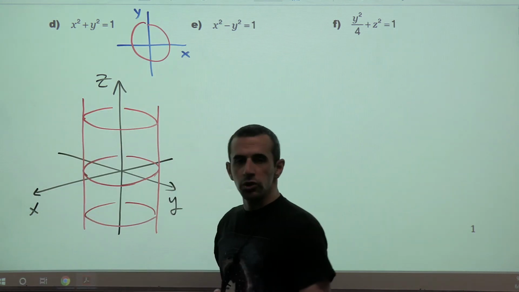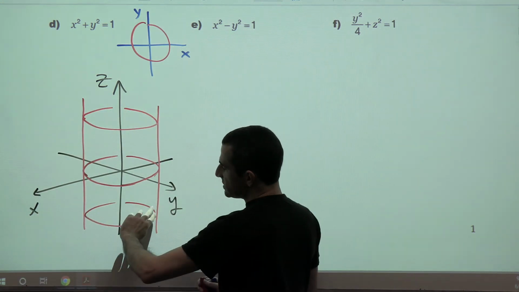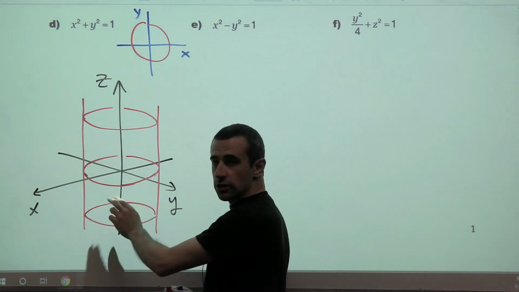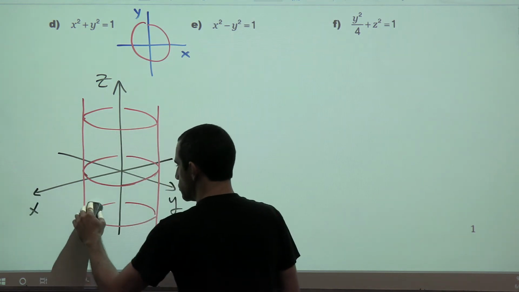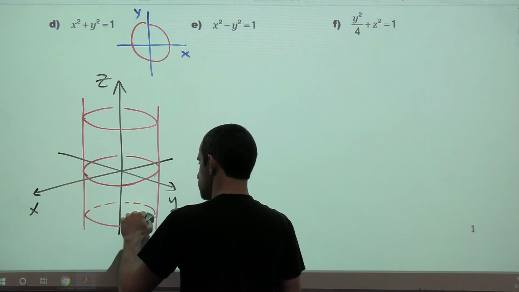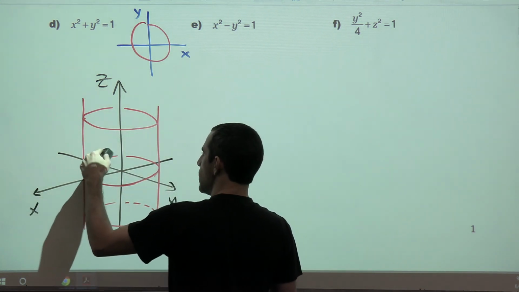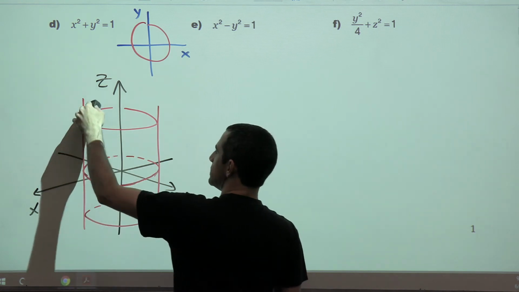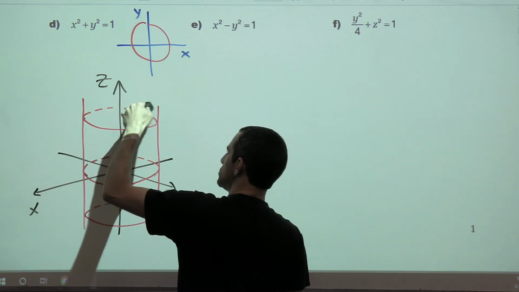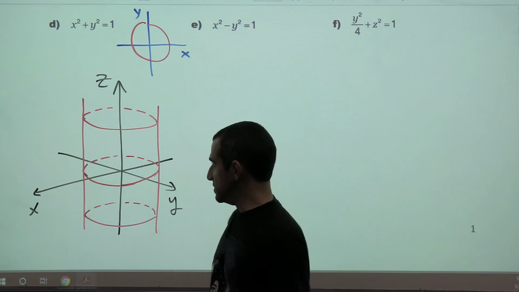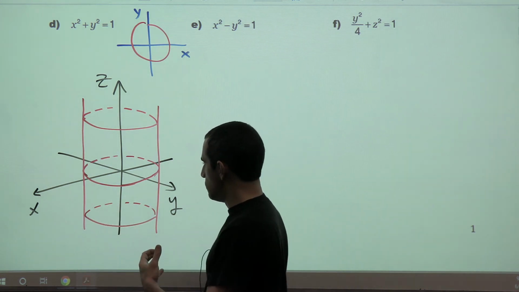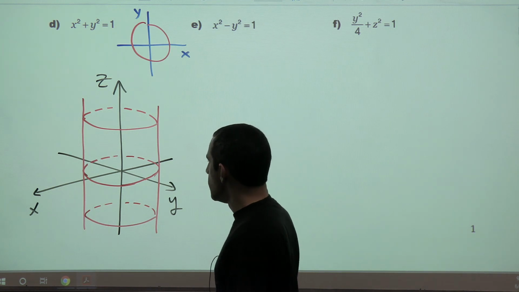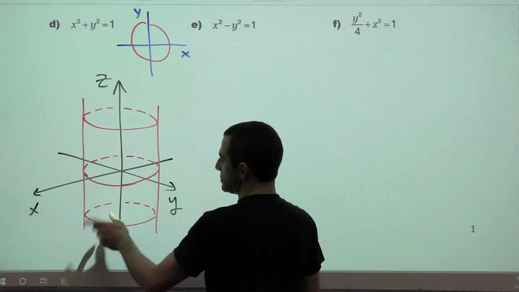Now, typically when people draw surfaces this way, because those back sides of the circles are concealed, they're behind the surface, oftentimes people draw dashed curves there to emphasize that that's the opposite side of the surface, which is concealed by the front side of the surface. So a slightly better way to draw this so that it's more readable, more understandable, is to make those back sides of those circles dashed.